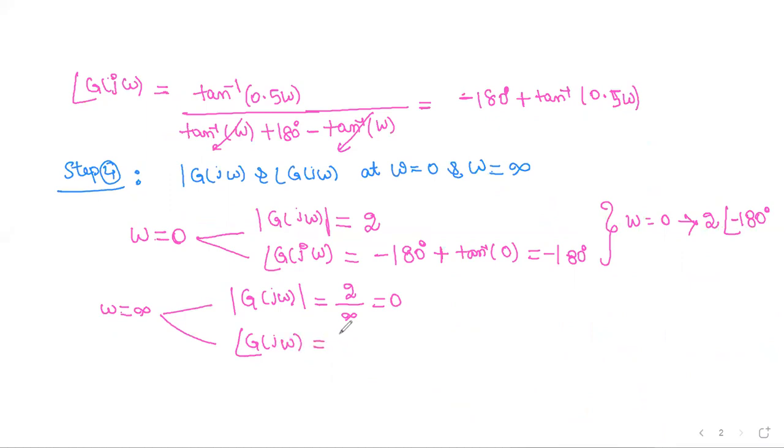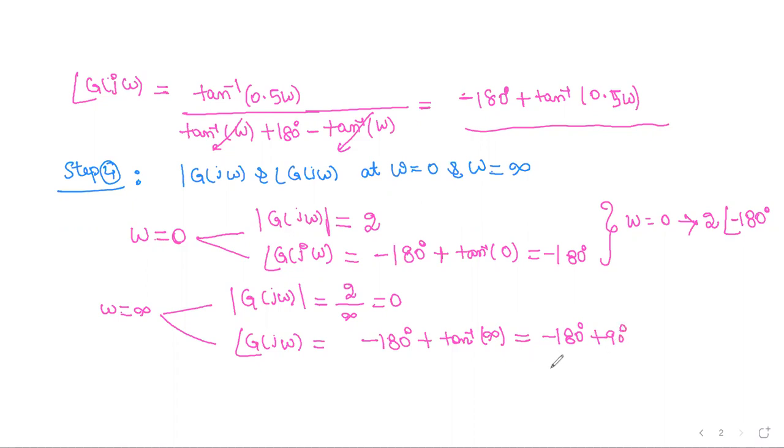Like that, you calculate the phase angle, angle g of j omega. Substitute omega equal to infinite in this term. This becomes minus 180 degrees plus tan inverse infinite plus tan inverse infinite. Tan inverse infinite means plus 90 degrees, so minus 180 degrees plus 90 degrees.